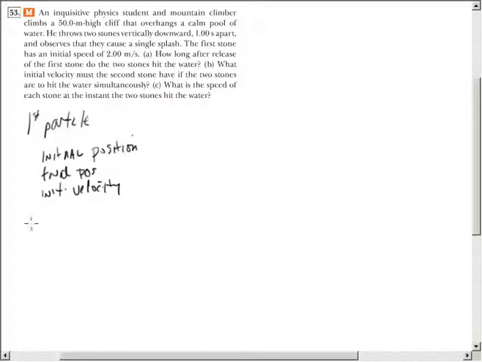And we know the acceleration. So is there enough information to calculate the time of fall for that first particle? Is there a relationship or equation that involves all these knowns and the time? Take a few minutes and write down your equation.